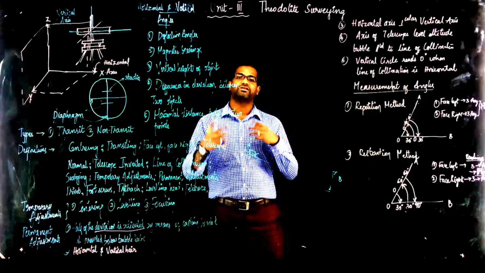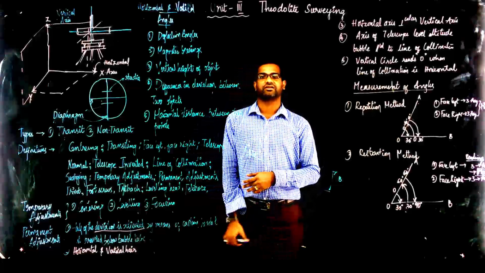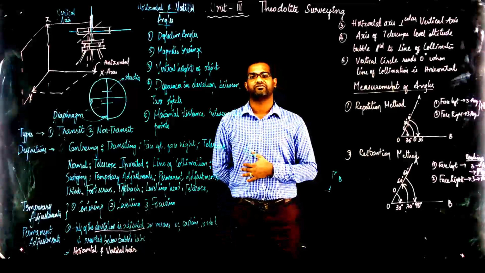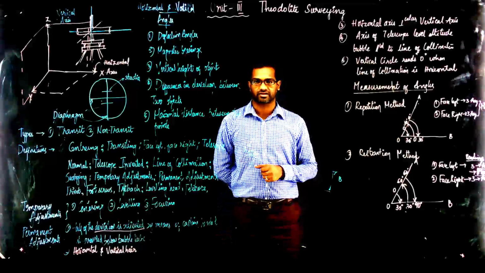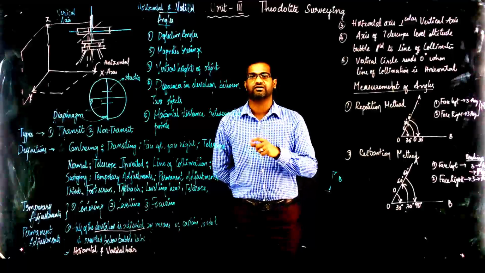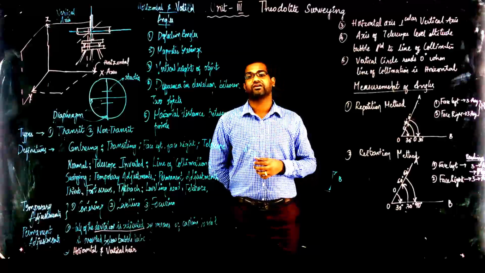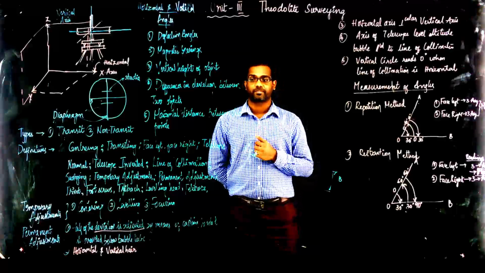Now if you have more survey lines, the calculation of compass survey becomes more difficult and hectic because the compass survey has got so many errors, local attraction, where you need to identify it and where you need to correct them.